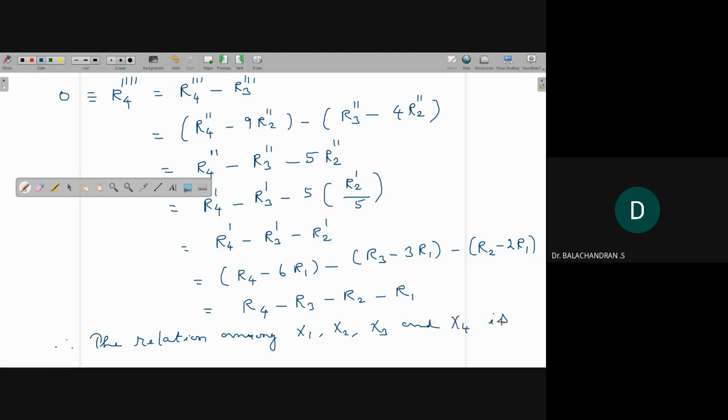It is x4 minus x3 minus x2 minus x1 is equal to 0. Okay, or you can multiply throughout by minus 1. We'll get x1 plus x2 plus x3 minus x4 equal to 0.